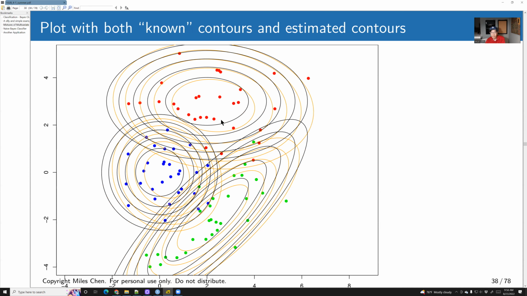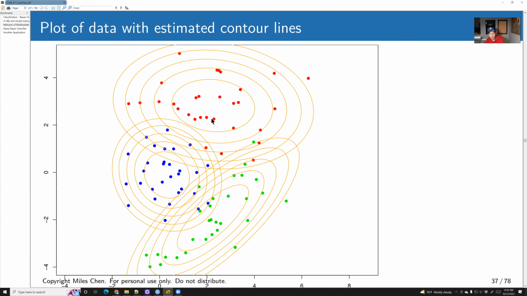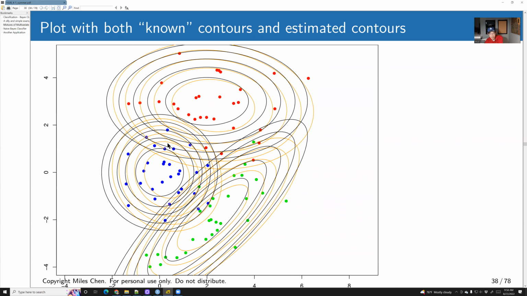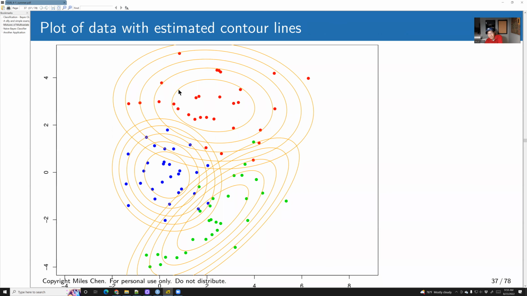And if we compare that to the original values, the ones that generated it, our blue dots happen to be a little bit off center from the true values. So we get similar graphs, but not exactly the same, because this is subject to randomness.